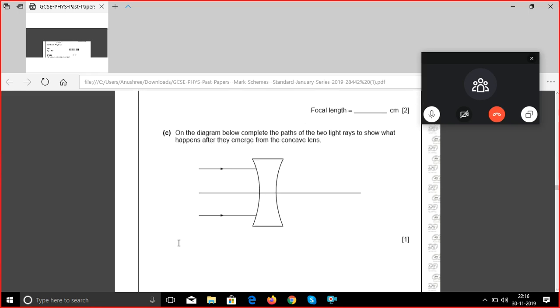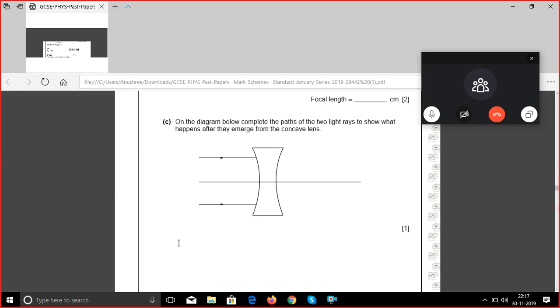Okay, now part C. On the diagram below, complete the paths of the two light rays to show what happens after they emerge from the concave lens.